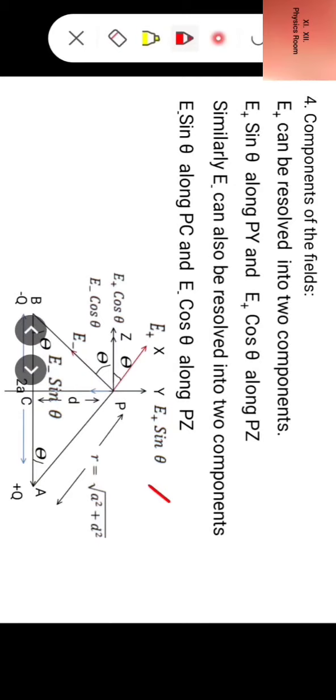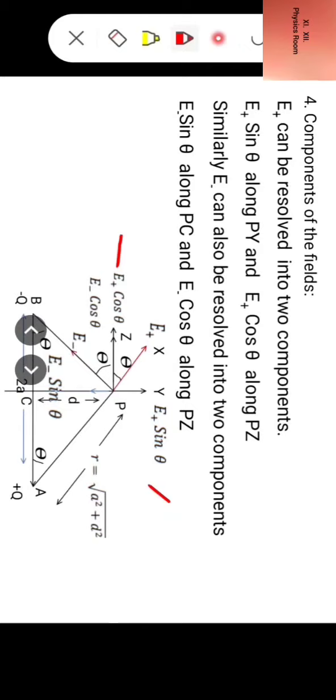First we take up E plus. E plus can be resolved into two components, E plus sine theta along Py, and E plus cos theta along Pz. Because angle XPZ is theta and is the corresponding angle to PAC.